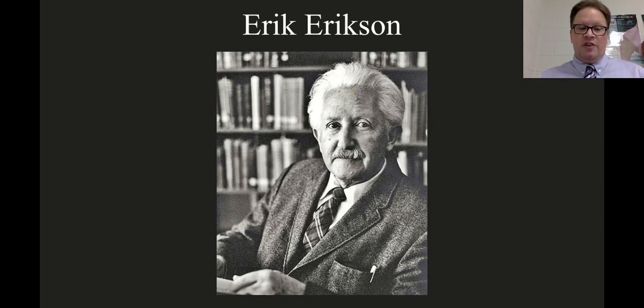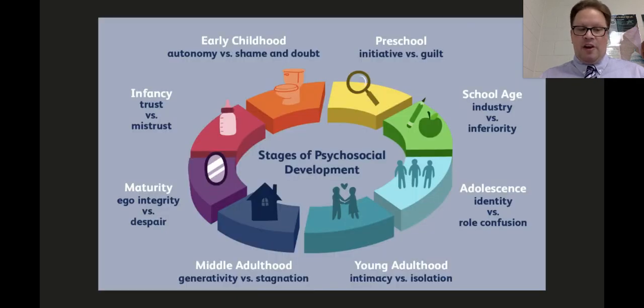Psychoanalyst Erik Erikson developed a theory of psychosocial development where he saw human development as a sequence of psychosocial stages that were defined by common problems emerging throughout life, from infancy to old age. Erikson's psychosocial stages refer to what he believed were the 8 major challenges that appear successively throughout the lifespan.